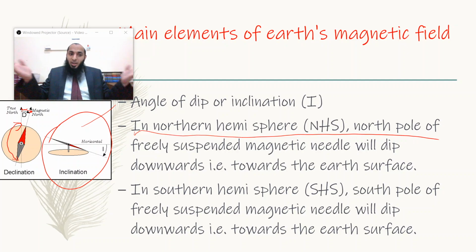So these brilliant people, it's just a mistake that they named it in this way. The pole which was pointing towards the north was named the north seeking pole, meaning the pole which is seeking north or pointing towards north.